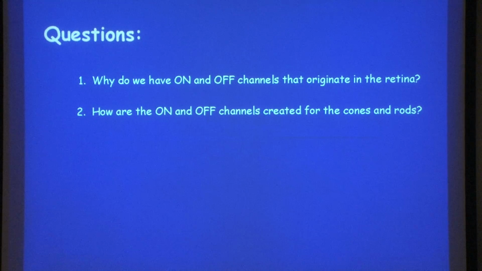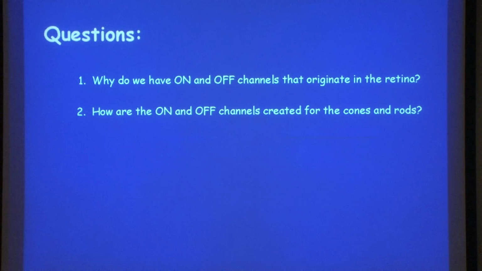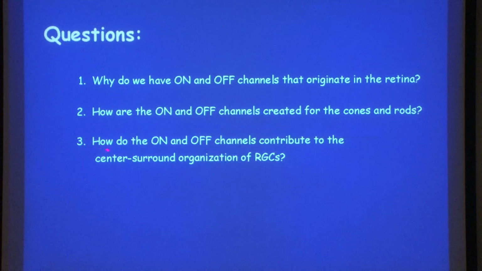Then more specifically, we're going to ask how the rods and the cones are involved in the creation of the on and off channels. And then we're going to ask, how do the on and off channels contribute to the center and surround organization of retinal ganglion cells? Because this has been a big issue among many investigators over the past 20 or so years.